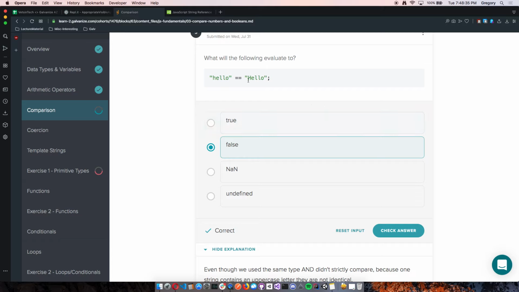If you want to abstract for a second, this could be a number, hello, right? As long as the value is the same, this would actually be true. But since we have the different character, and we discussed this with UTF-8, this is not the same UTF-8 code as this H. So the computer evaluates these characters as different codes, essentially.